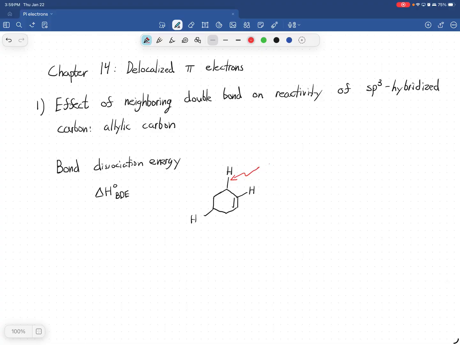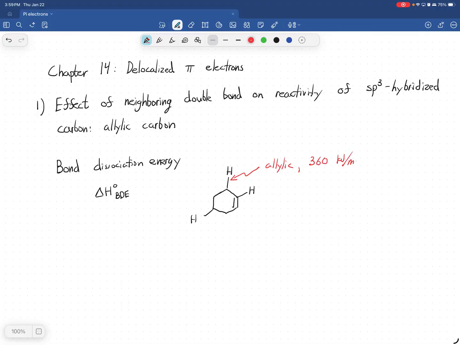This bond is considered the allylic position. The allylic position is the hydrogen atom that is one bond away from the double bond. It's bonded to the carbon that's one bond away from the actual double bond in the molecule. This energy is 360 kilojoules per mole.